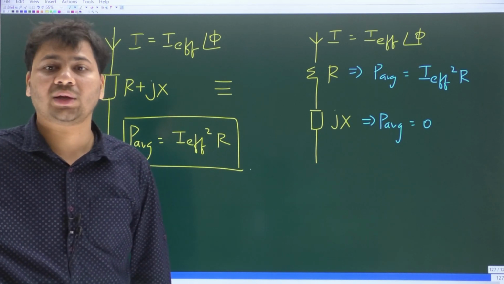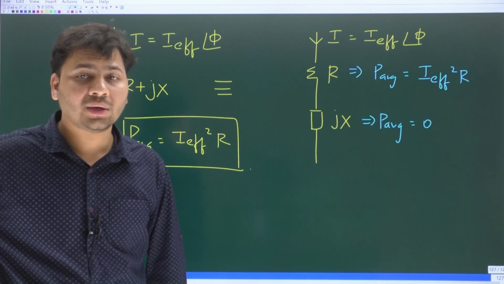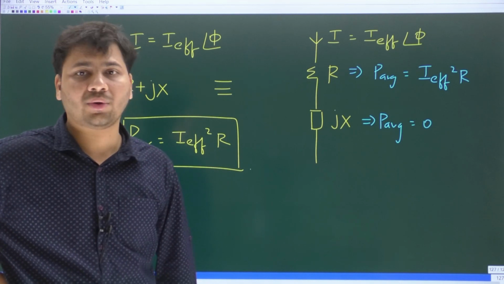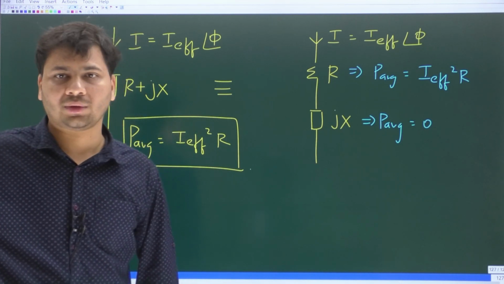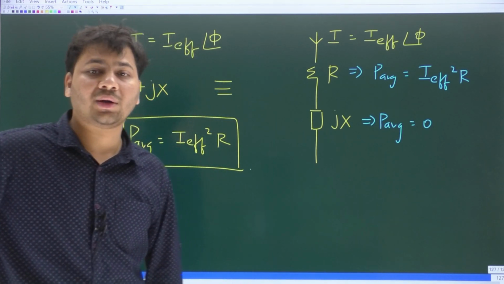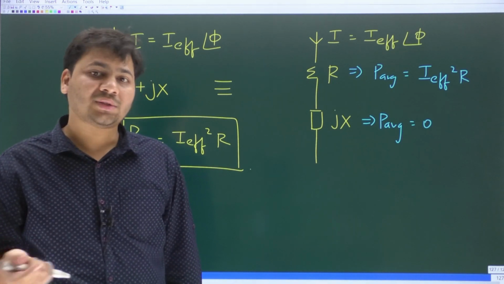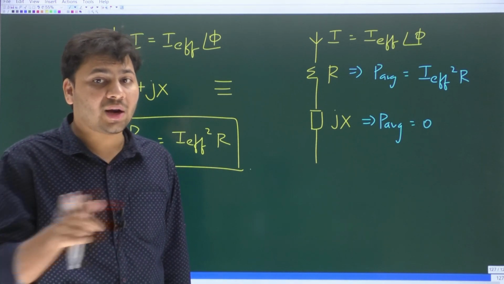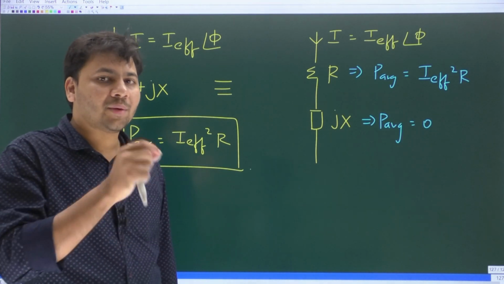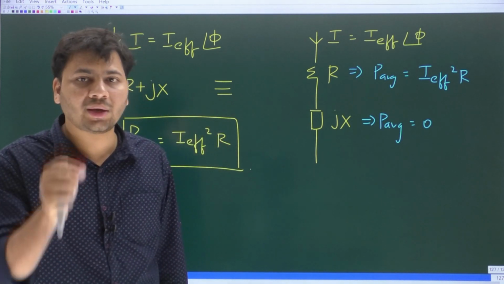It is always the resistive part of the impedance that will contribute to what? Average power absorption. But the reactive part of the impedance will not contribute to average power absorption. So what will happen with regard to the reactive element? For some time it will absorb power, for some other time it will deliver power. If the reactive element is absorbing power, that means energy is going from source to the element.